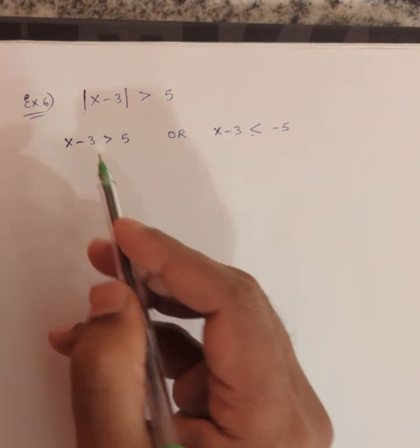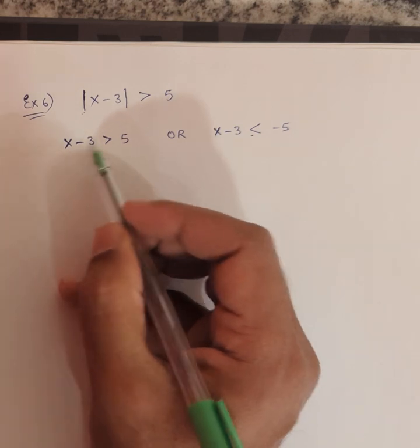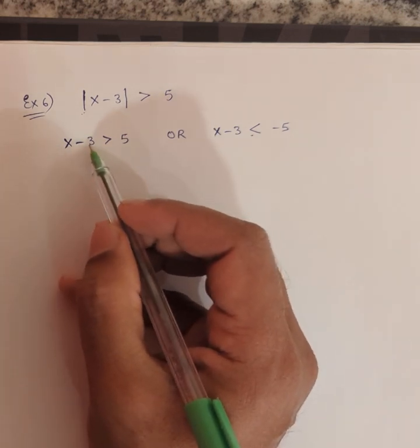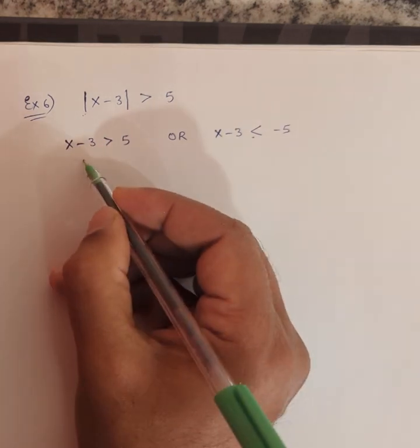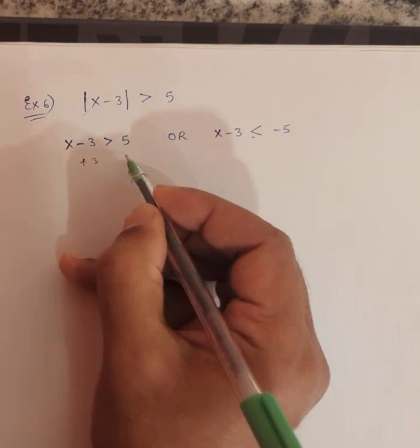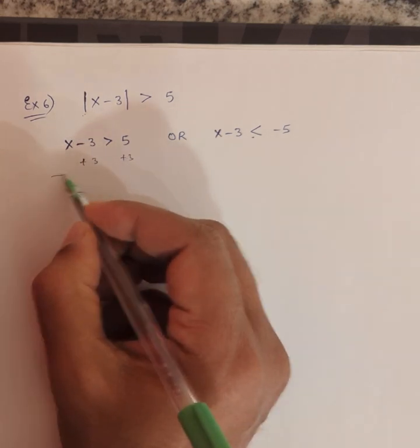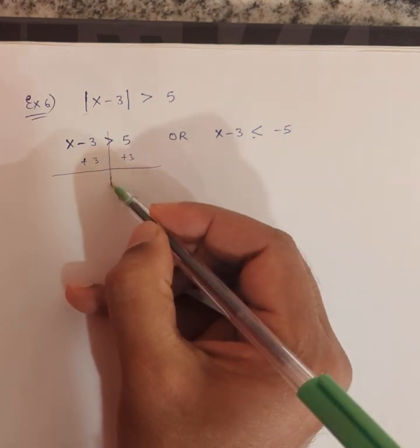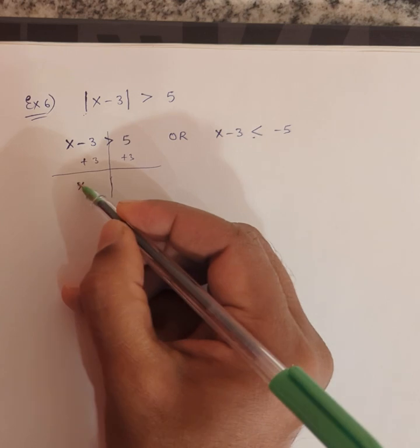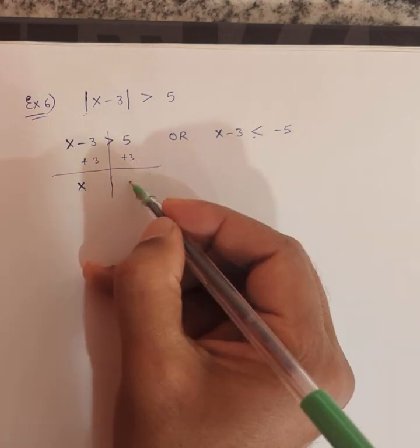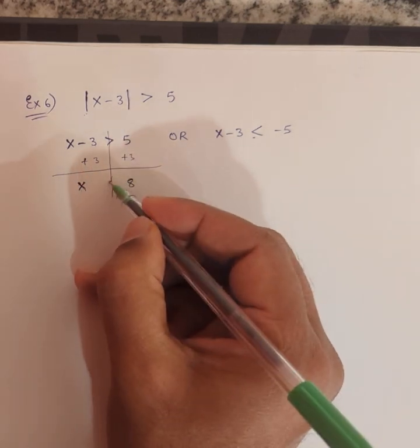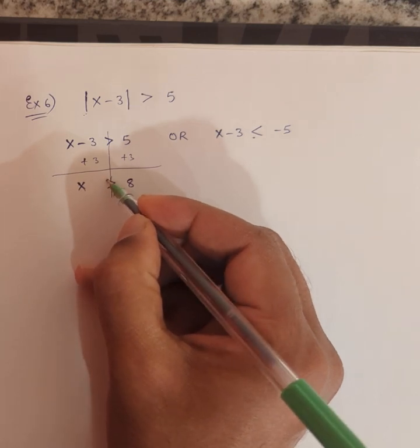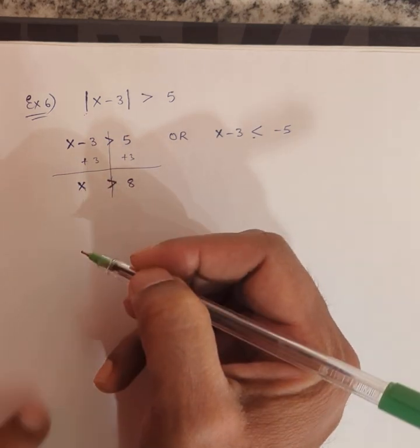Now we have to go a step further because we have not solved for x. We need to get rid of the negative 3. So let's add 3 on both sides. And then we get x, and 5 plus 3 is 8. If I add 3, it's not going to affect the inequality, so it's still greater than.